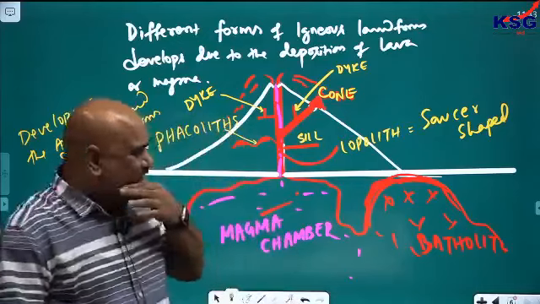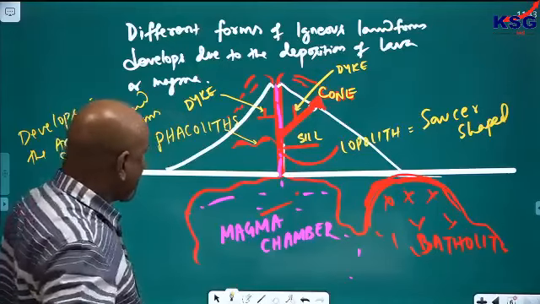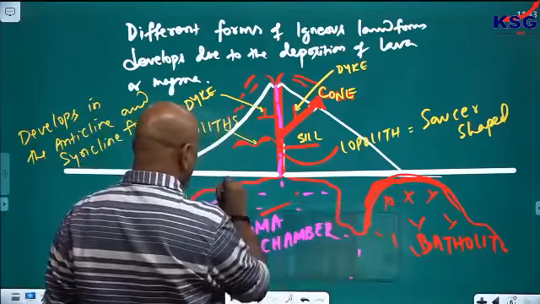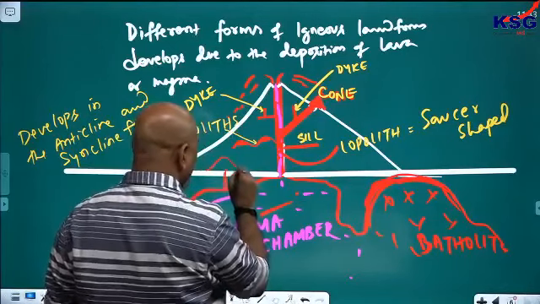Now, blister type, smaller blister type development is also there. They cannot come out completely like a blister. यहाँ पे like a mound type development is there.